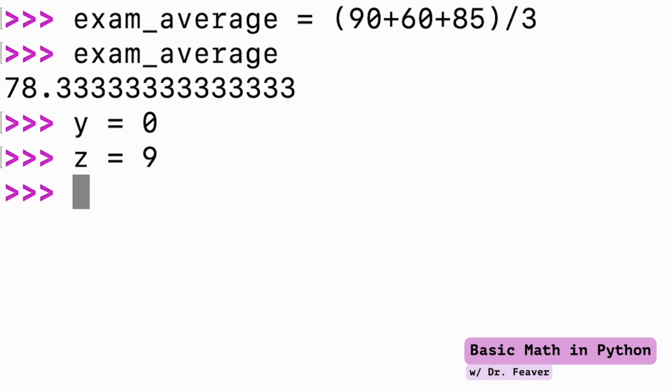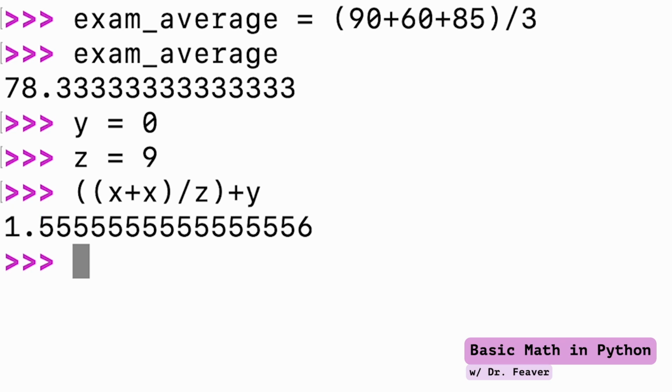And then I can do whatever I want with that. x plus x divided by y. Oh no, you can't do whatever you want because you can't divide by 0. Divided by z plus y. Okay, and then it'll give me a result, and again, the last digit is going to be rounded, so maybe this is just 1.5 going on forever, but this gives us enough precision to have approximately the right result for most purposes.